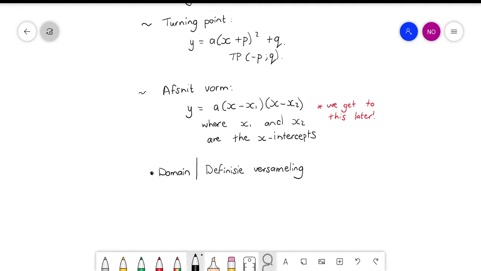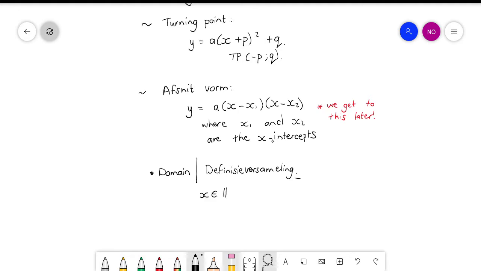Okay. So in English you call it a domain, in Afrikaans is dit die definisieversameling. And this, my lovely grade 11s, you can study.